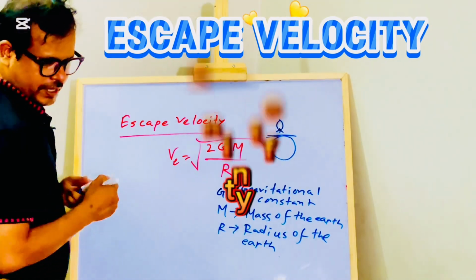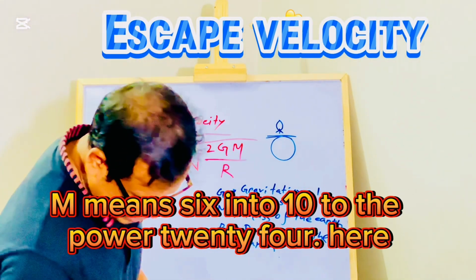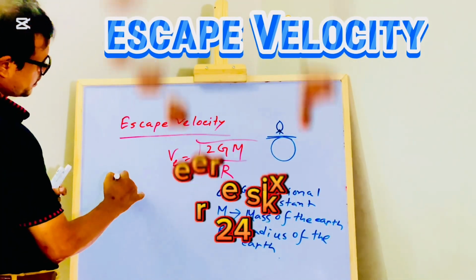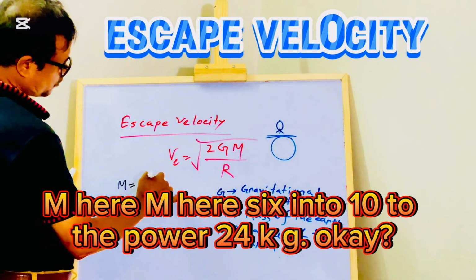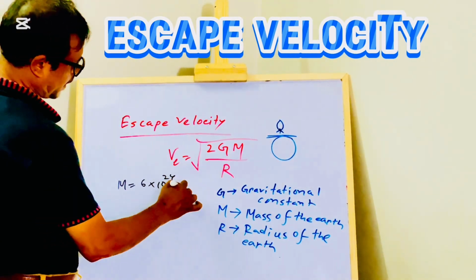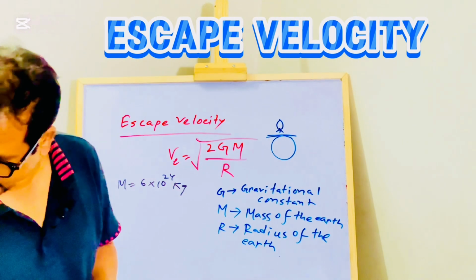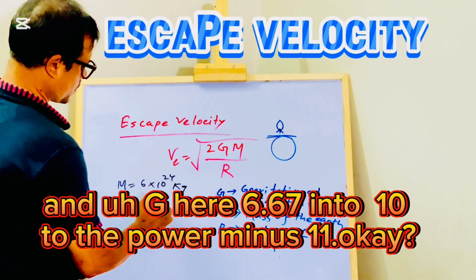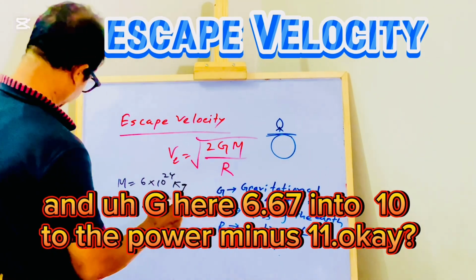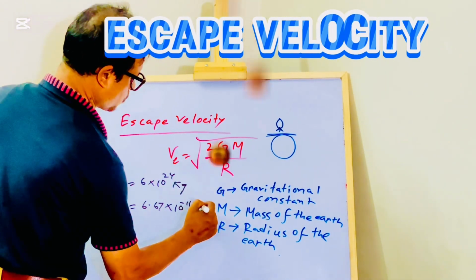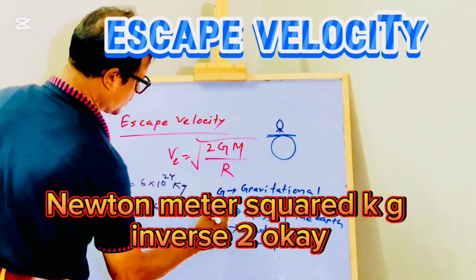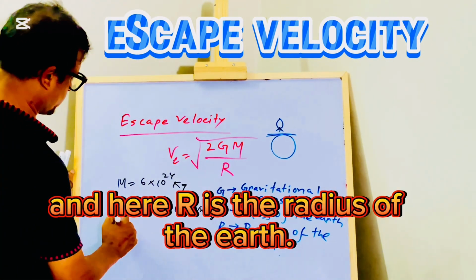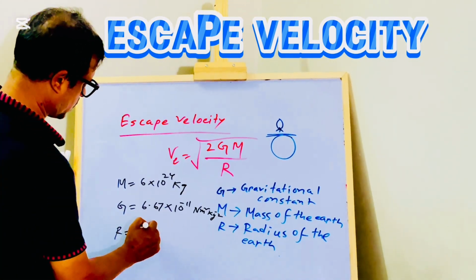Here M is 6 into 10 to the power 24 kg. And G here is 6.67 into 10 to the power minus 11 newton meter squared kg to the power minus 2. And R is the radius of the earth.